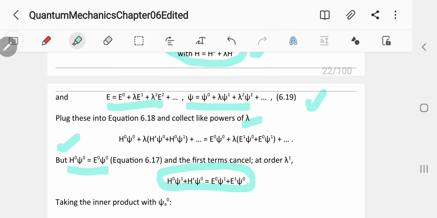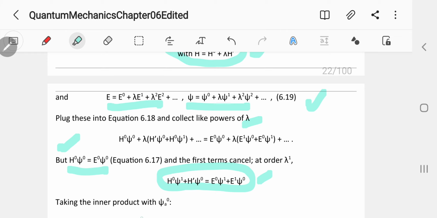So you collect like exponents, like powers of lambda. So now you have this one here.